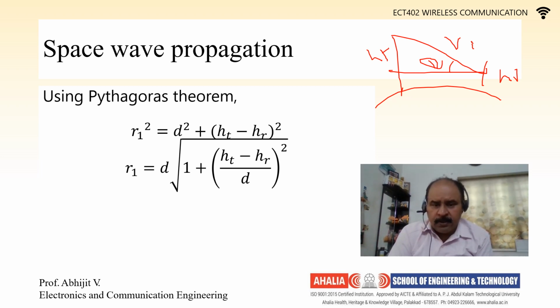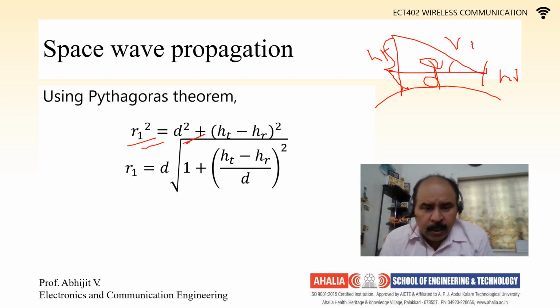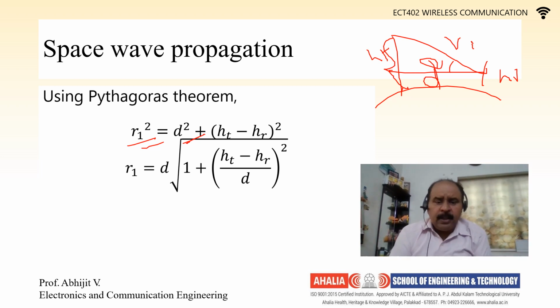This is HT minus HR. HT is for this whole one. So HT minus HR, plus D, the distance D. So R1 will be given by root of D square plus HT minus HR the whole square. Now we take D outside the root: D into root of 1 plus HT minus HR by D the whole square.